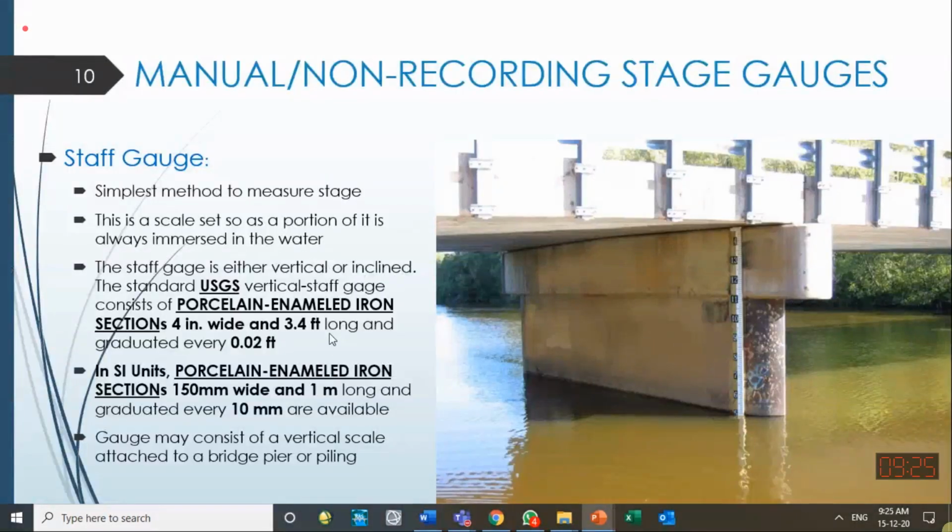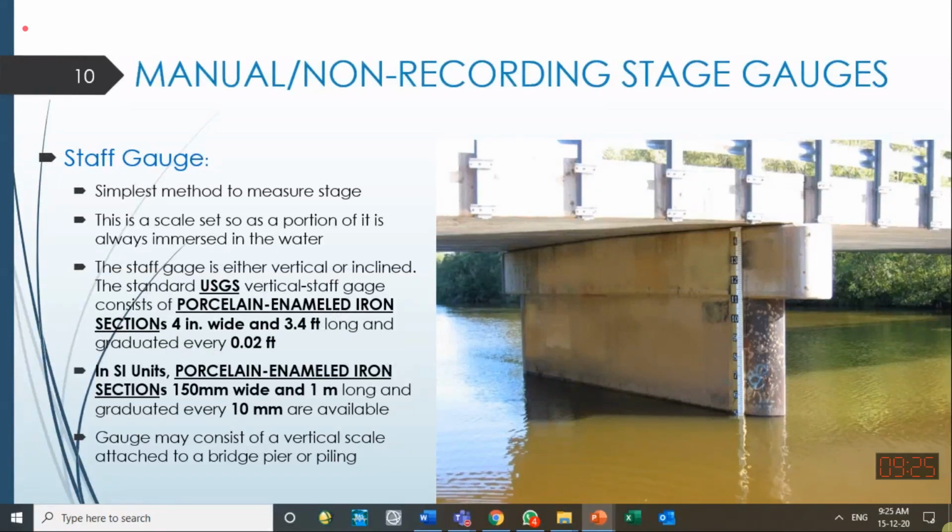The United States Geological Survey recommended a standard staff gauge. They say it should consist of porcelain enameled iron sections, 4 inches wide and 3.4 feet long. So one staff should be 3.4 feet long.